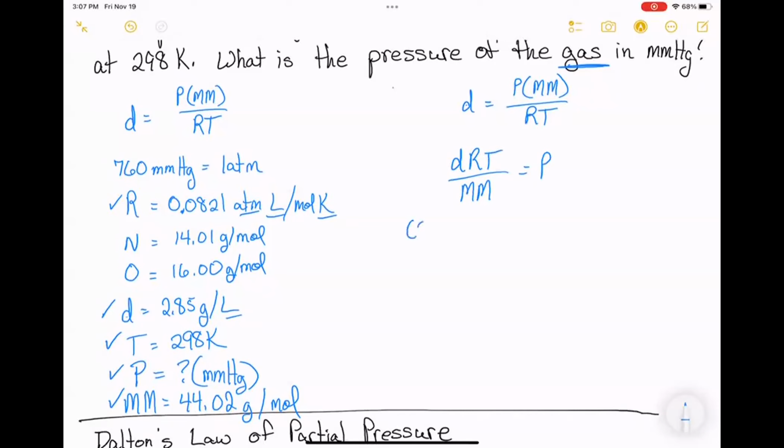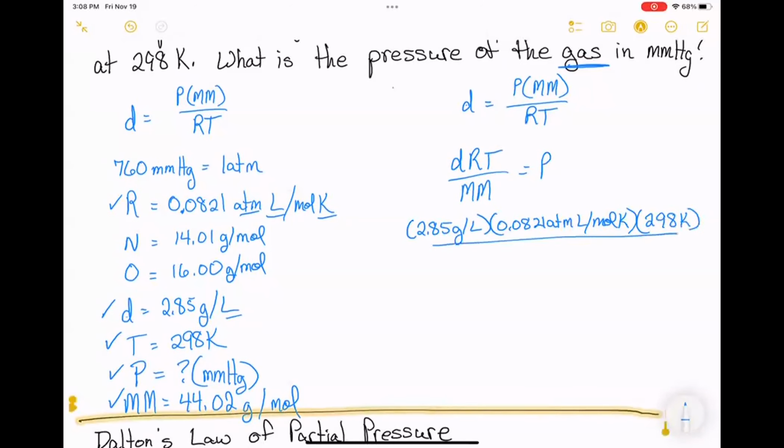So I took my density of 2.85 grams per liter times R, which was 0.0821 atmosphere liters per mole Kelvin, times the temperature of 298 Kelvin.